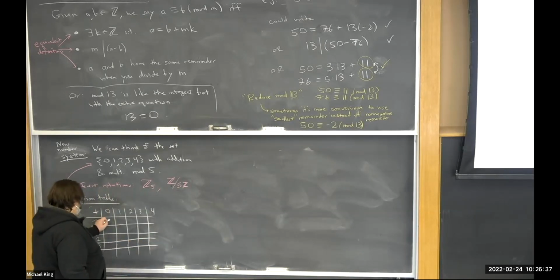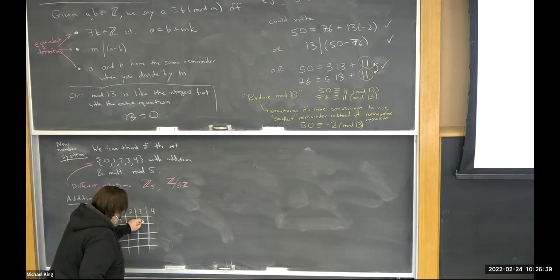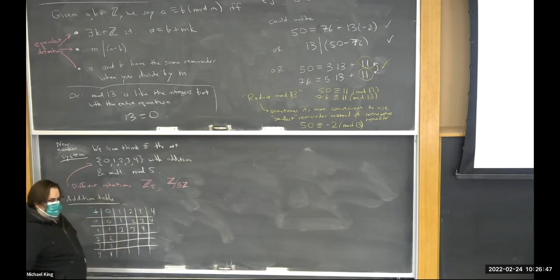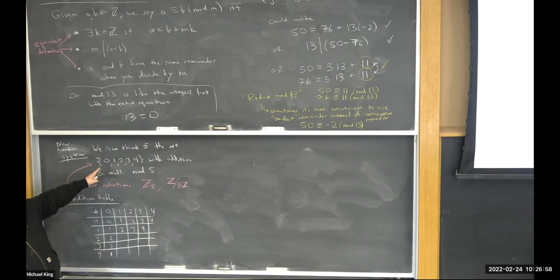And you can add, okay, so 0 plus everything is itself. That's not very interesting. 1 plus 1 is 2, 2 plus 1 is 3, 3 plus 1 is 4. What's 4 plus 1? What's 5 really? Everything is equal to something in this set. What's 5 mod 5? 0. So 4 plus 1 is 0.